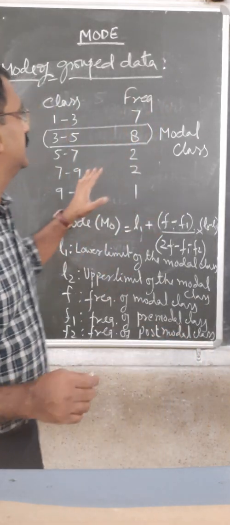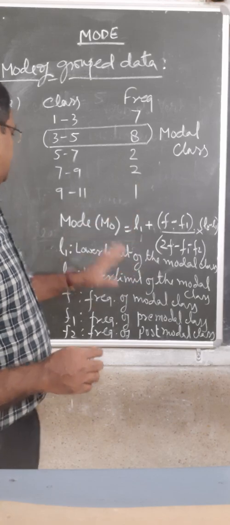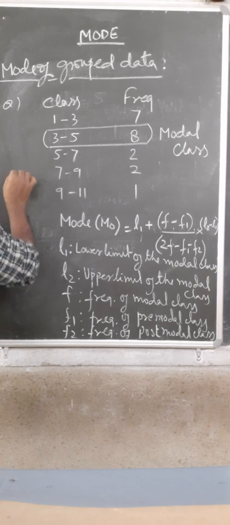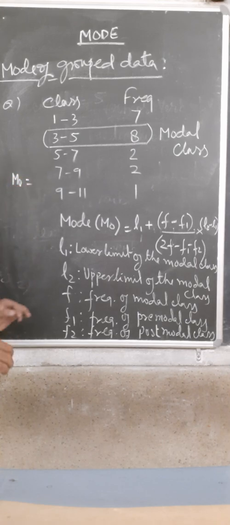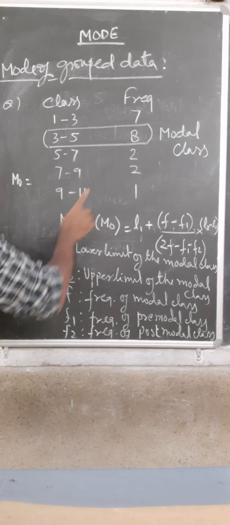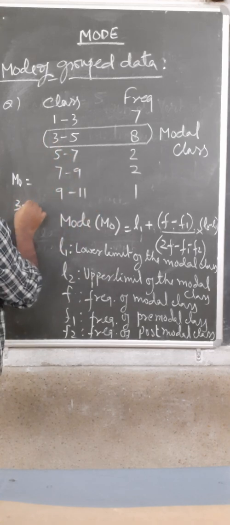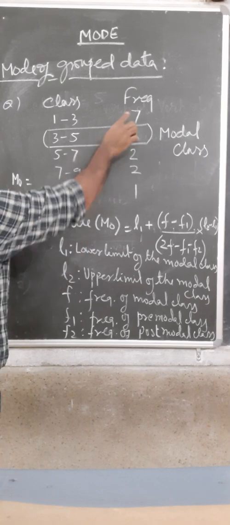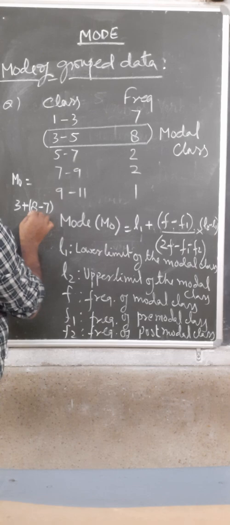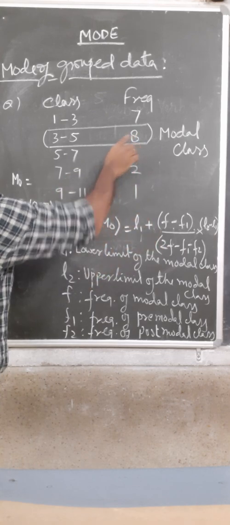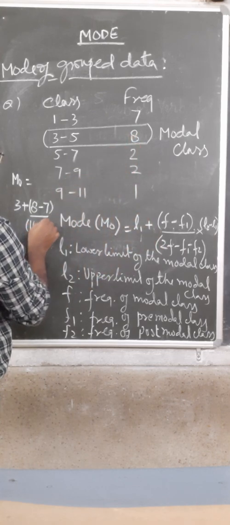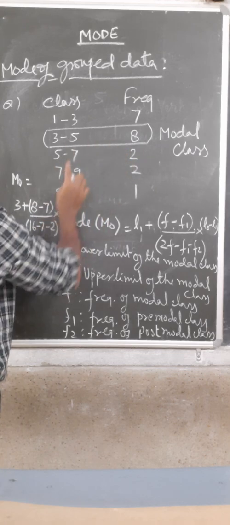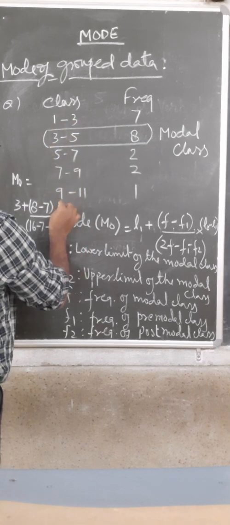Now we will put the values in this formula. Mode is equal to L1, here 3, plus (F is 8 minus F1 is 7) upon (2F means 2 into 8, that is 16, minus 7 minus 2, that is the post-modal class) into (L2 minus L1 means 5 minus 3, that is 2).